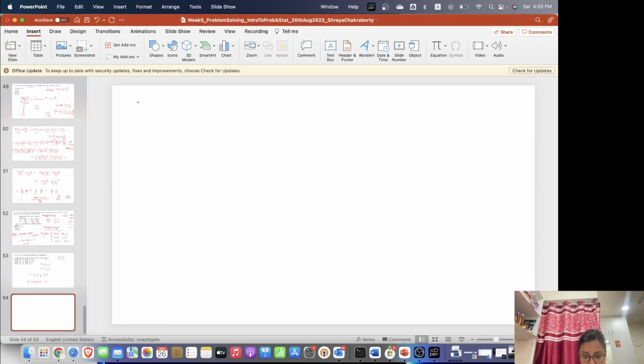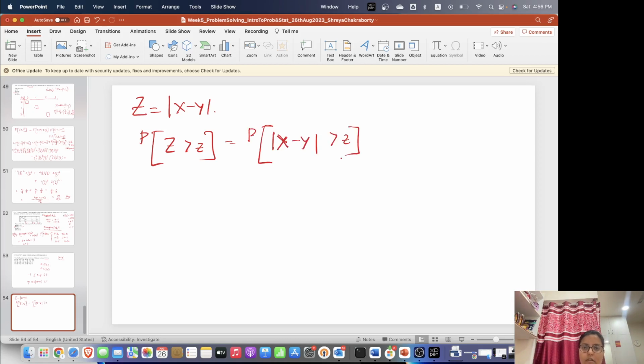So let us assume z equal to mod of x minus y. So probability z greater than small z equals to probability mod of x minus y greater than small z.